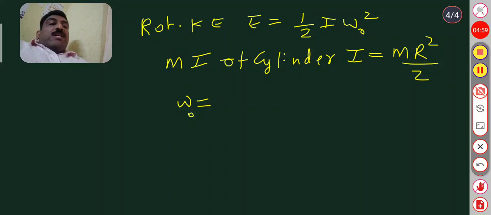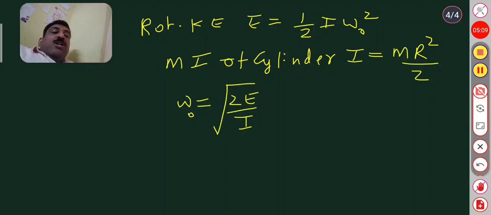So omega naught can be written as the root of 2E divided by I, where I is the moment of inertia. So this is the energy. Now, how much is the energy?